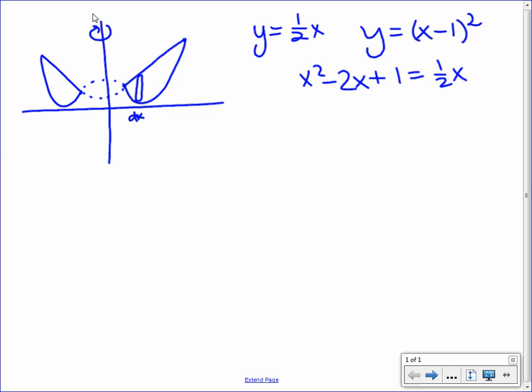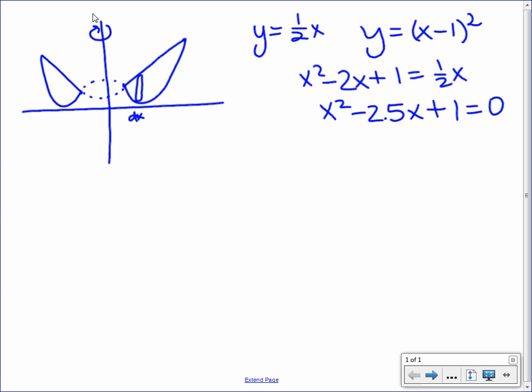Can anyone think of something that multiplies to 1 and adds to 2.5?